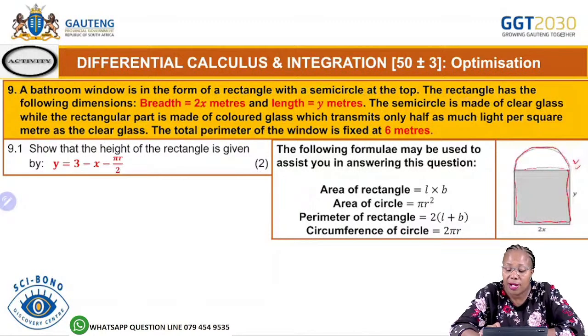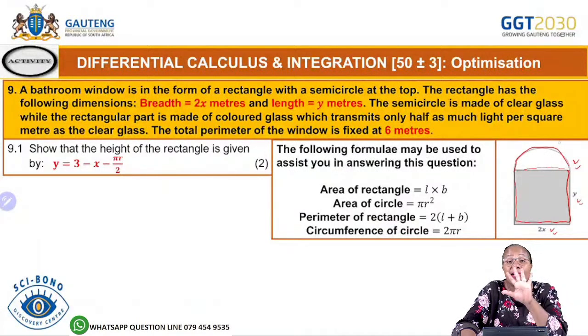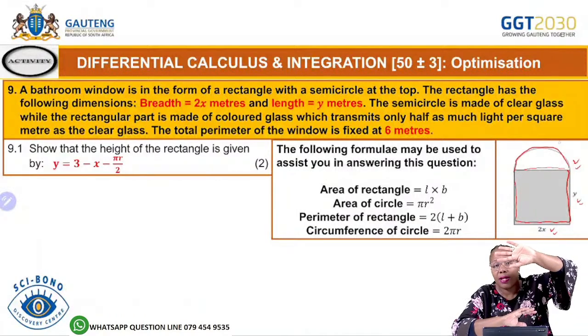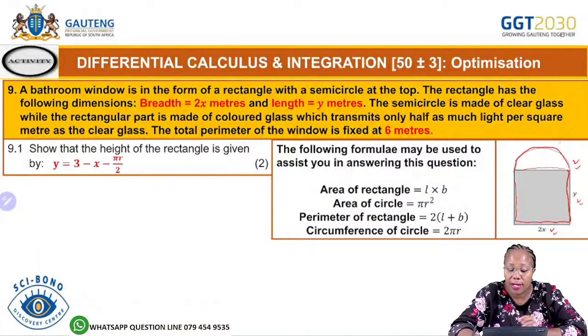And then the rectangle has the following dimensions: 2x by y meters. And then the semicircle is made of clear glass, as you can see it is transparent on your diagram, and the rectangular part is made of colored glass. Yes, it's a window, but the glasses are not the same. The other one is transparent, and the rectangular one is colored glass.